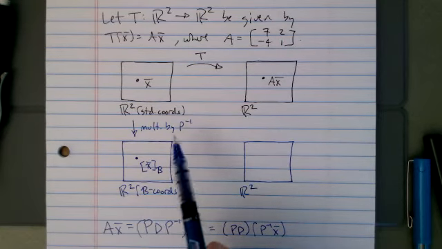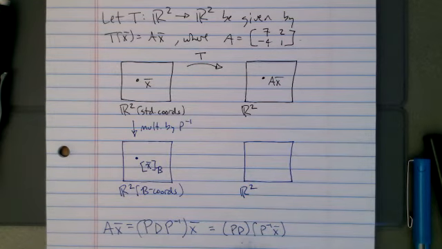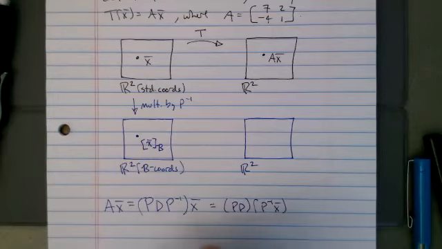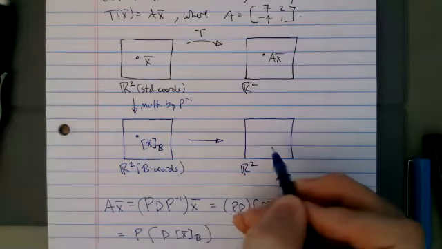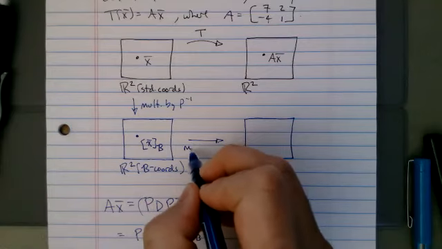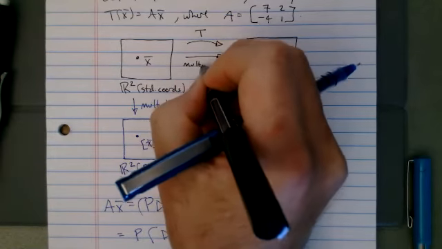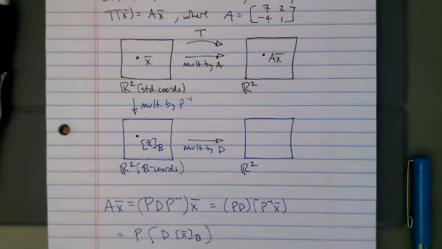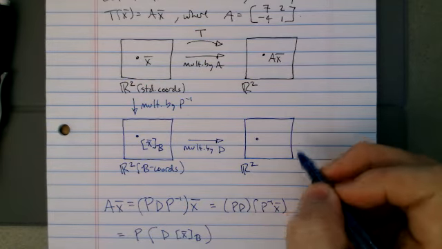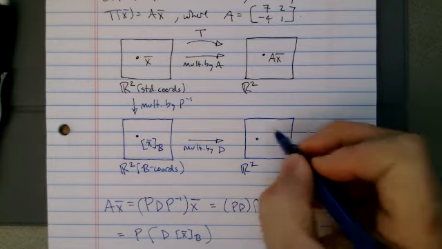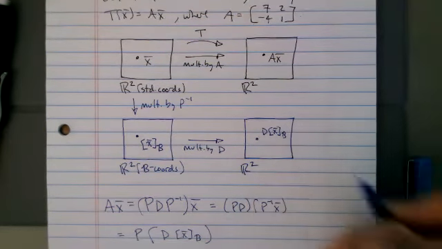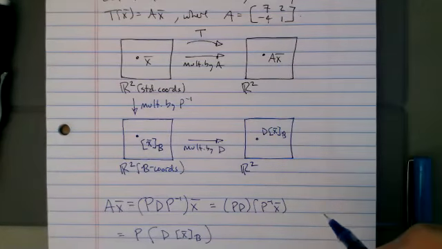In B coordinates, multiplication by A is just multiplication by D. So this is equal to P times D times the B coordinates of X. Now we'll go over here, and this will be taken care of with multiplication by D, whereas in standard coordinates, this was taken care of with multiplication by A. So over here, we're going to get D times the B coordinates of X, which will be the B coordinates of AX.